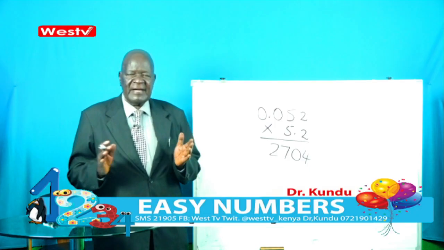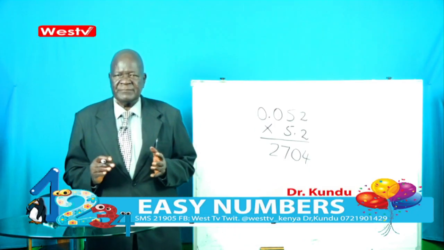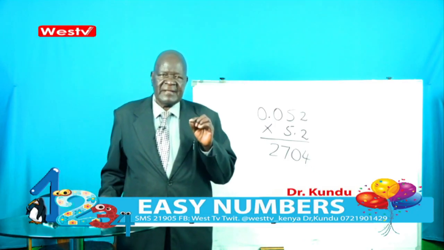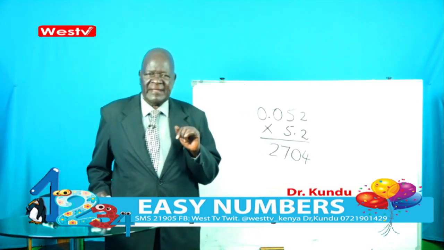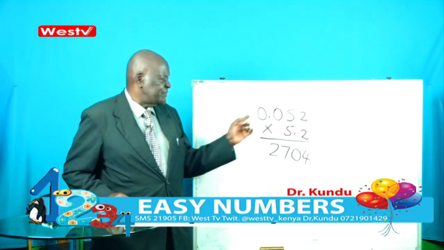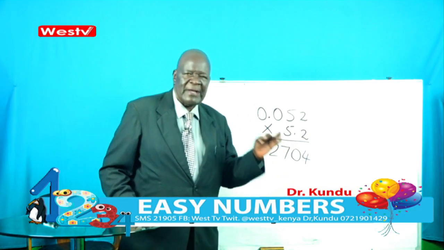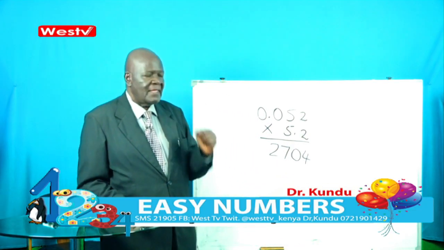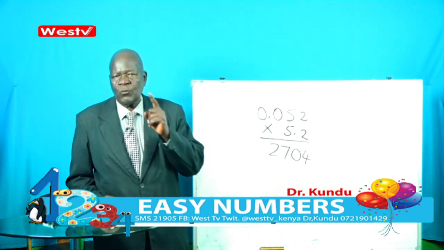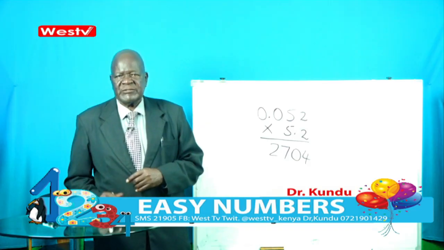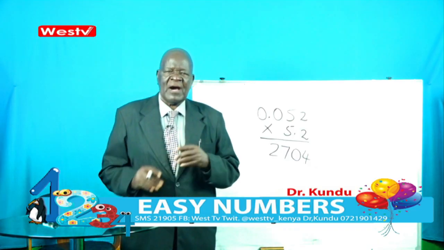Now you come back and look at this problem here and find that it had decimals in them. And how many decimals were there? For 0.052, there were 3. And for 5.2, there was only 1 decimal. Total number of decimals were 4.